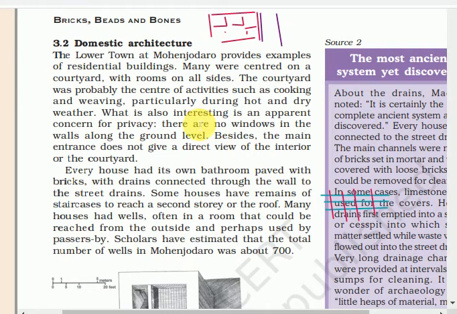It means the gates were built away from the rooms and courtyards. So the entrance does not give a direct view to the interior of the courtyard. So this is why we can say privacy was the main concern of the people of the Indus Valley civilization.